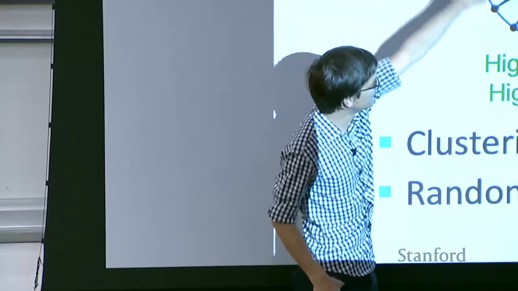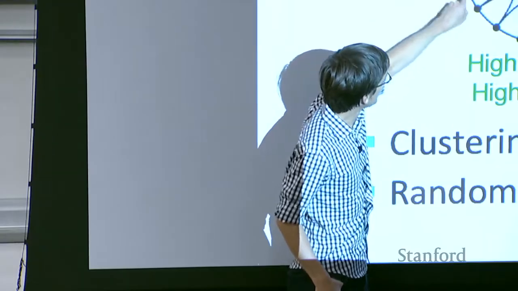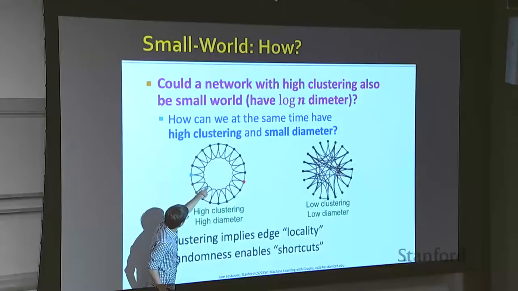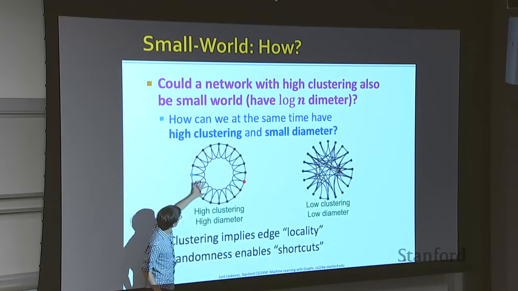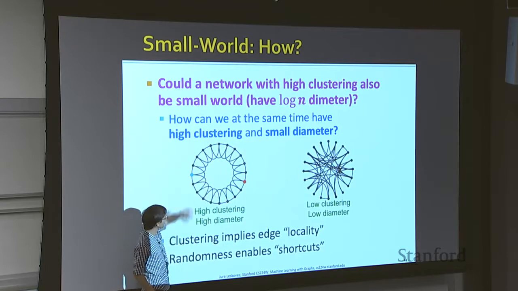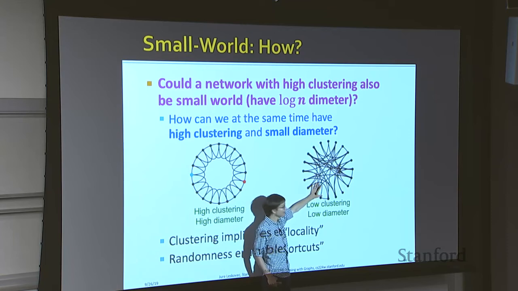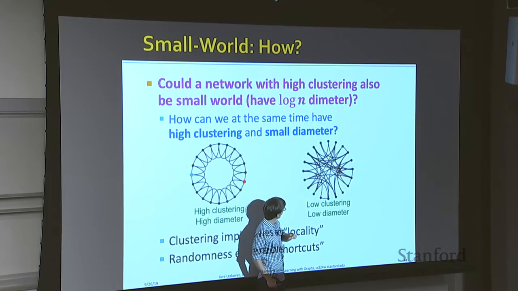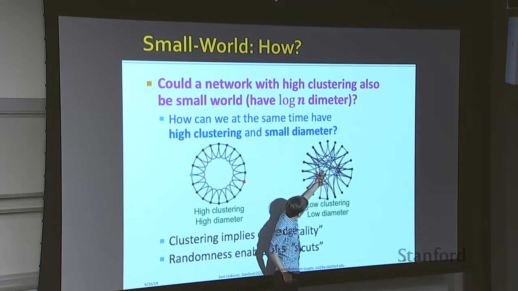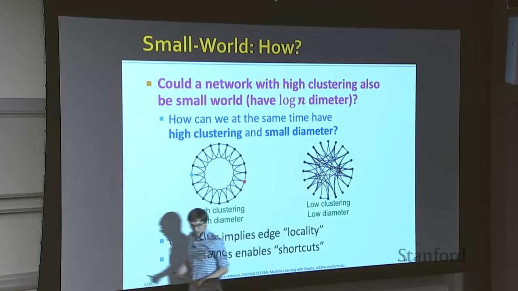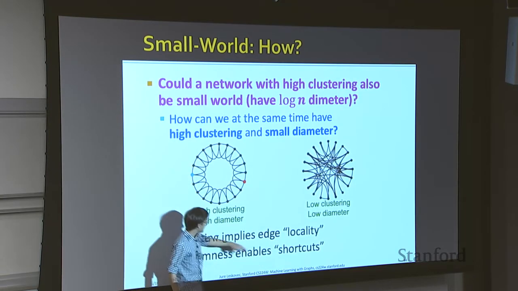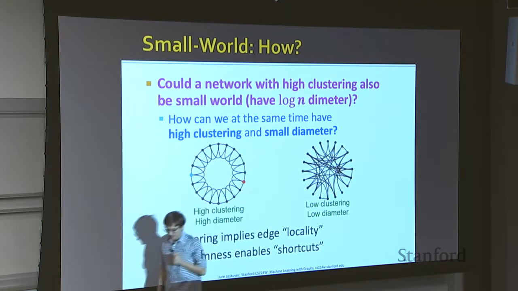Here I show the nodes on a ring, and I connect nearby nodes, but also friends of friends. So this would now have a high clustering coefficient, but also high diameter. And a random graph on the same set of nodes would have low diameter, but also low clustering. And the question is, can I have high clustering, low diameter, right?